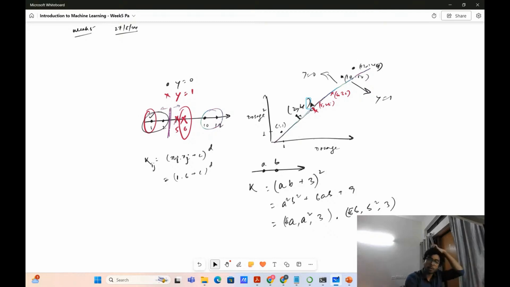So what is a dot product? Let's say you have two points, x1, y1, and another point x2, y2. If these can be represented as two vectors, the dot product between these two vectors would be x1 x2 plus y1 y2, right? This is what a dot product is.